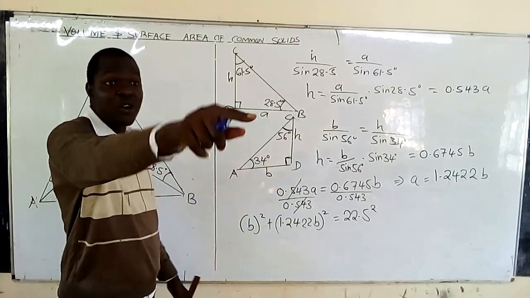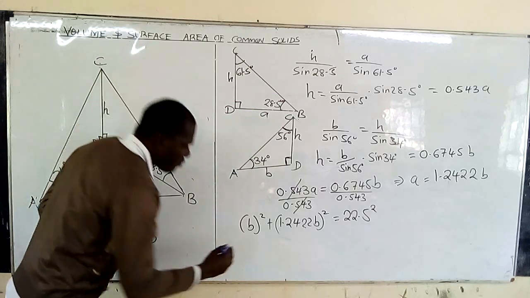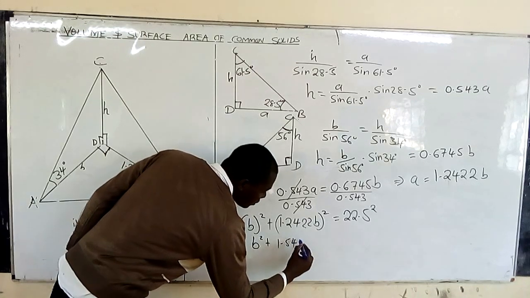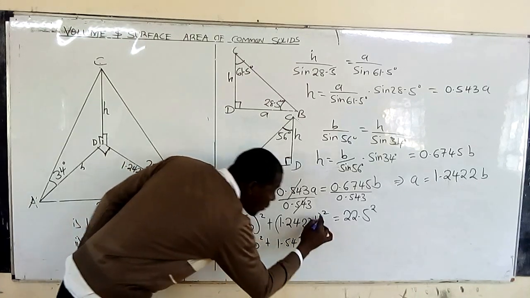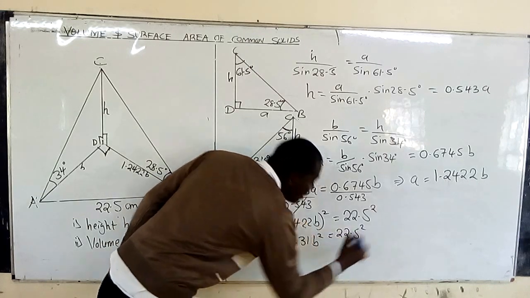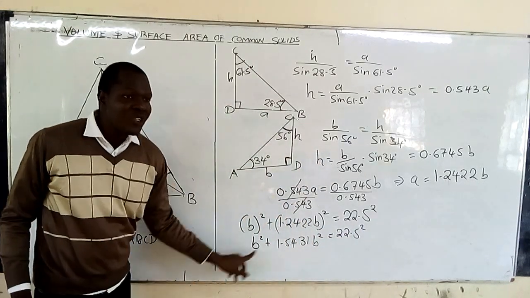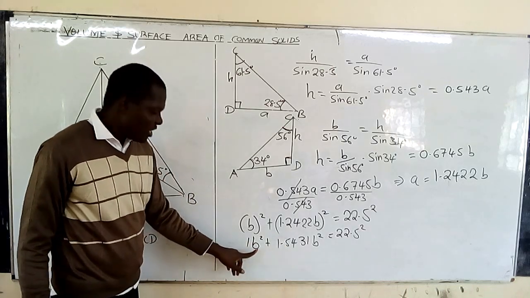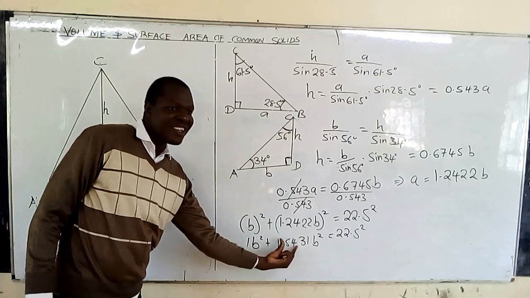You found 1.54. So here we have B squared plus 1.5431 B squared, to be equal to 22.5 squared. You can add these because they are the same, so this means it is 1 B squared. If you factorize out B, you have this plus this.